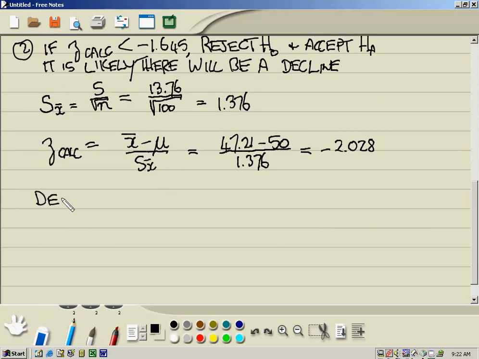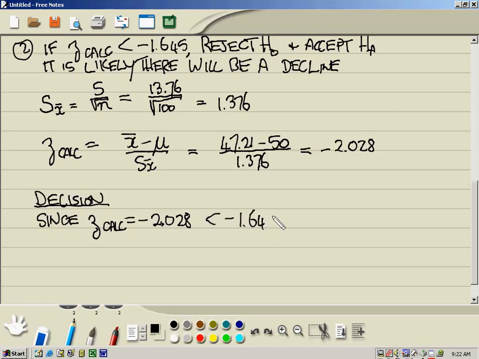Decision. Since z-calc is negative 2.028, which is less than the negative 1.645 for the critical value, we're far enough below $50 we can reject the null and accept the alternate.